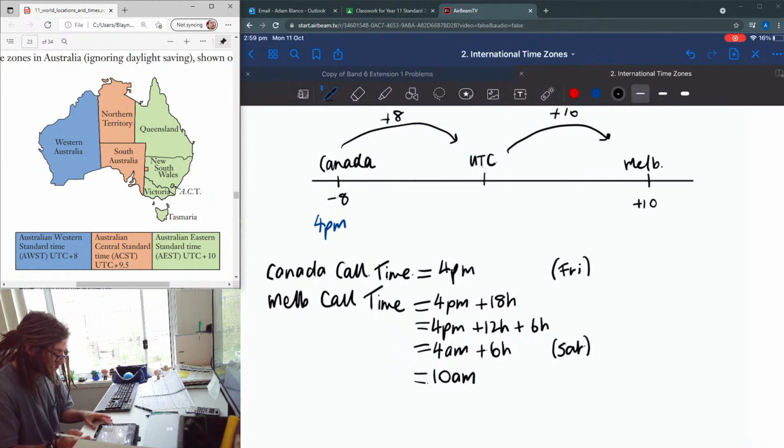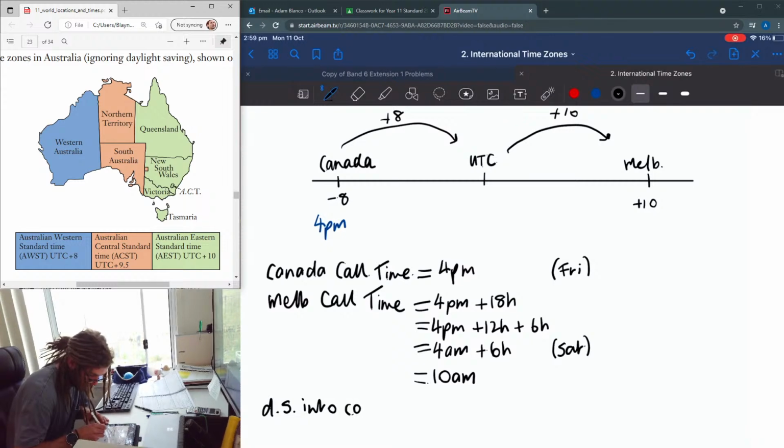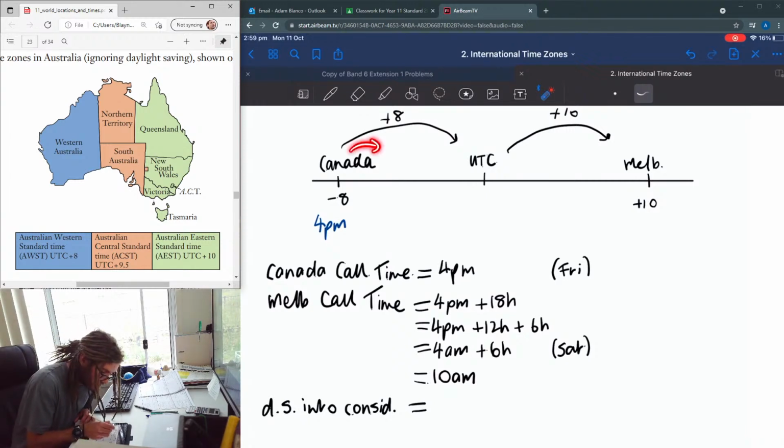Now, this hasn't taken into consideration daylight savings. Okay, so what does daylight savings actually do? Daylight savings adds an hour. So that adds an hour here.